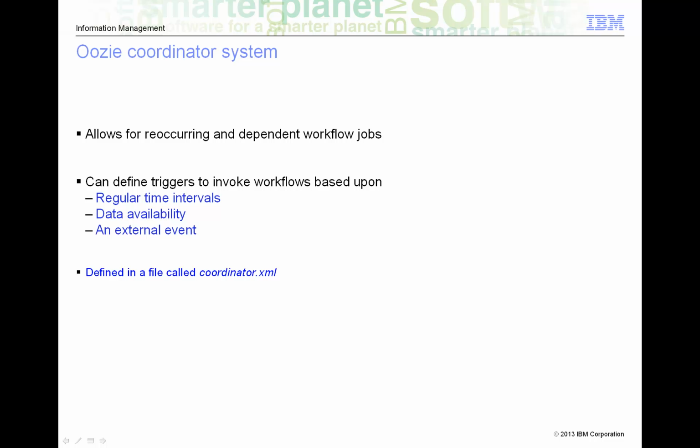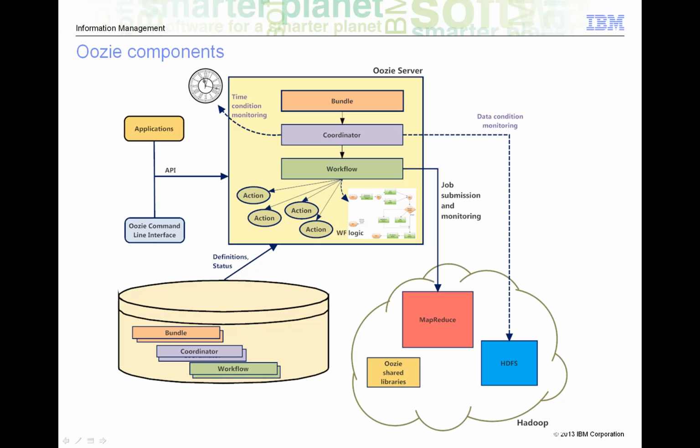This coordination is stored in a file called coordinator.xml. This illustration shows the major Oozie components, including definitions and status information stored in XML files on disk, and the invoking of Oozie from the Oozie command line interface.